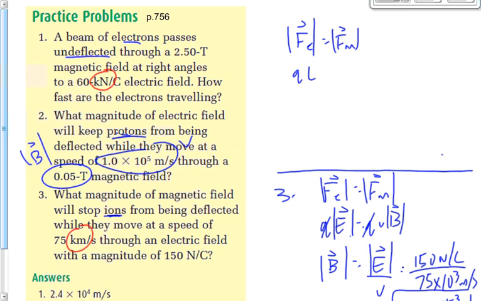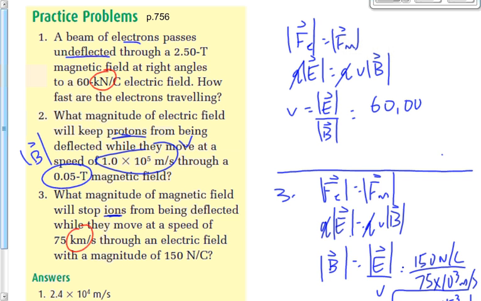Qe equals QVB, like it is whenever we're dealing with the velocity selection chamber. V is equal to E over B. The speed is equal to electric field divided by magnetic field. So it's 60,000 newtons per coulomb divided by 2.50 Tesla. I would do that math, and it should work out to be, I think, 2.4 times 10 to the 4.